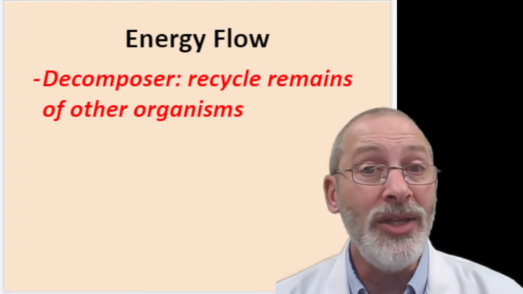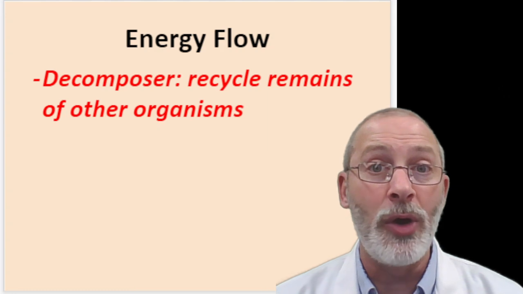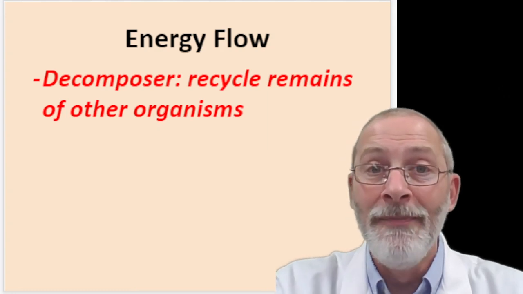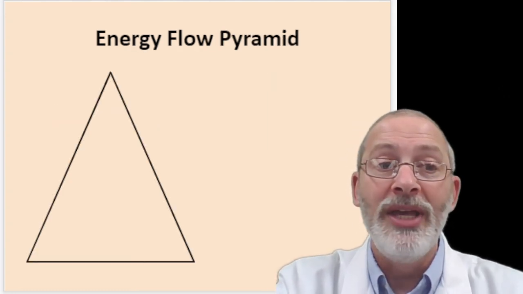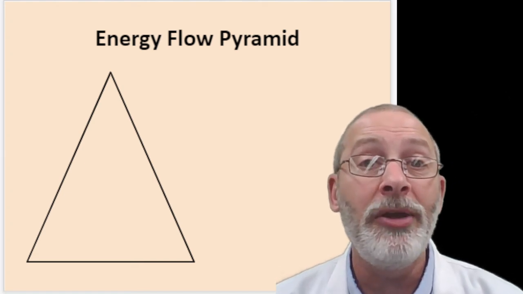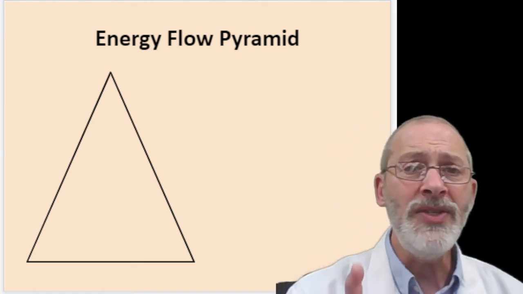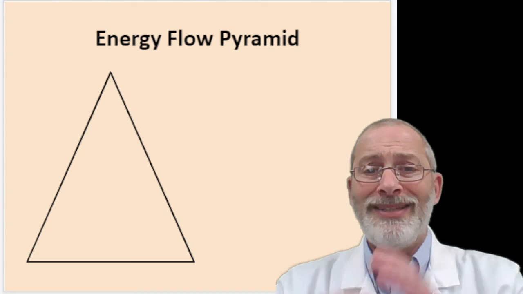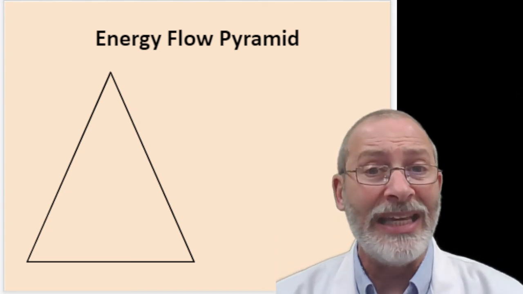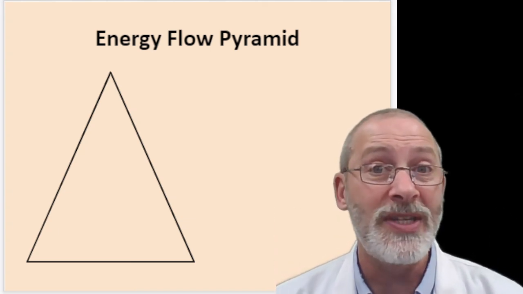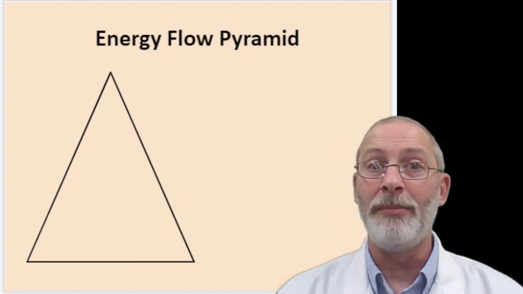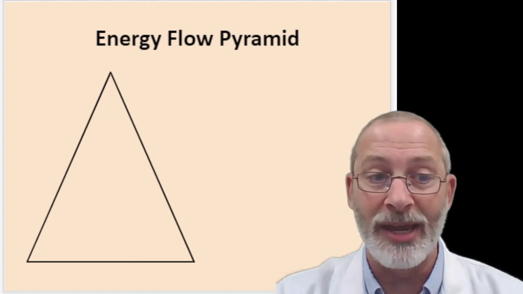Now, we can illustrate this energy flow in a graphical way using what's called an energy flow pyramid. And this is a very important diagram in the study of ecology because it shows us something very important, which I'll make mention of when we finish the diagram.